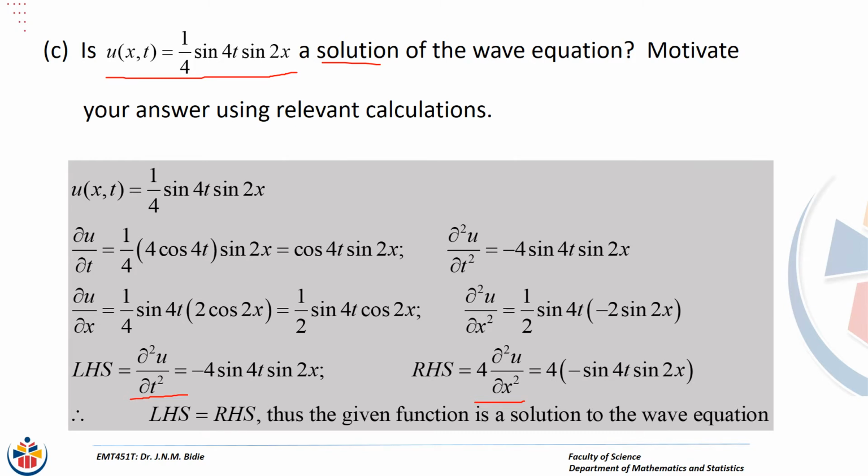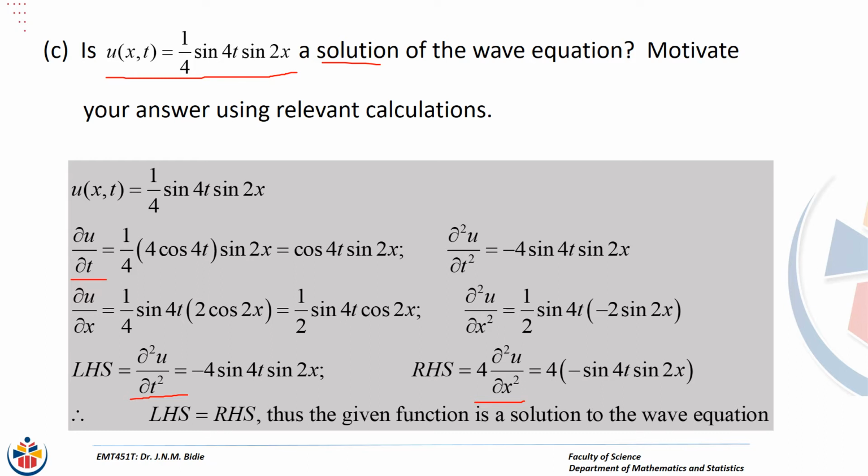So let's start with finding du over dt. Note that with partial differentiation, our functions usually are a function of both x and t. So we need to make sure that when we are differentiating with respect to t, we treat the variable x as a constant.